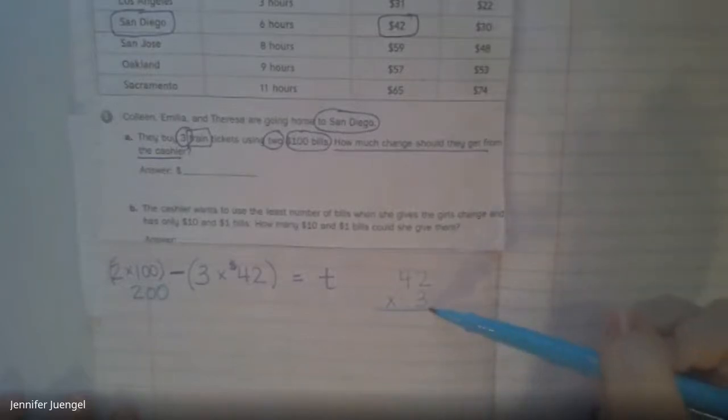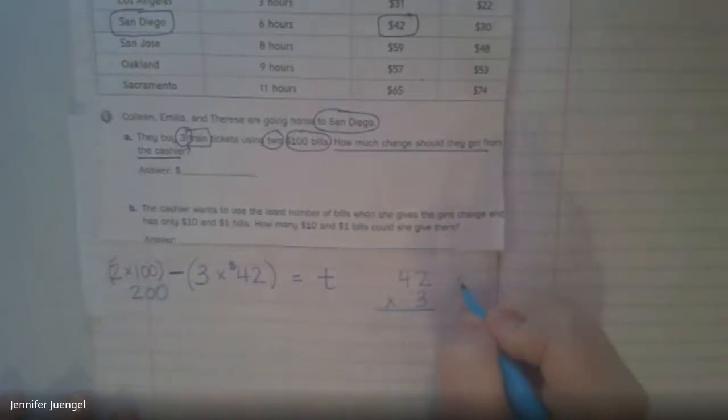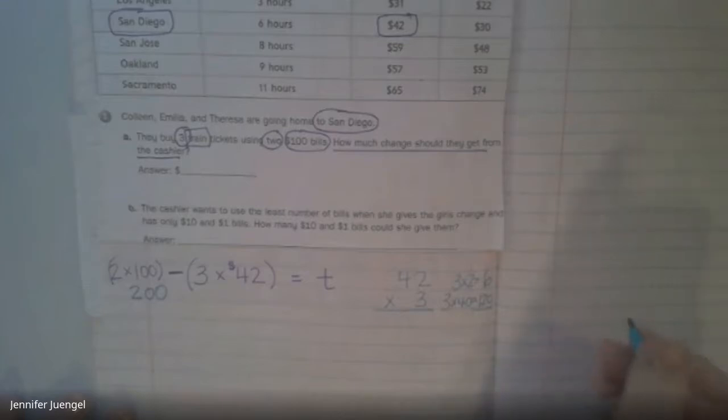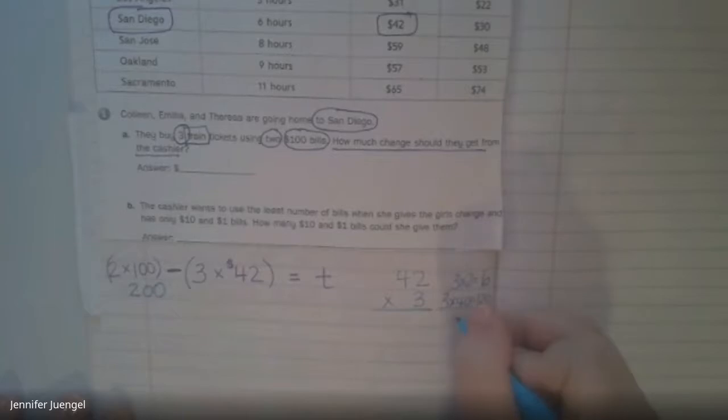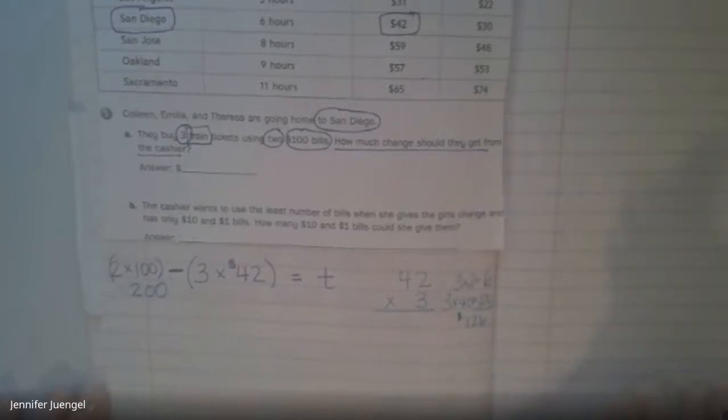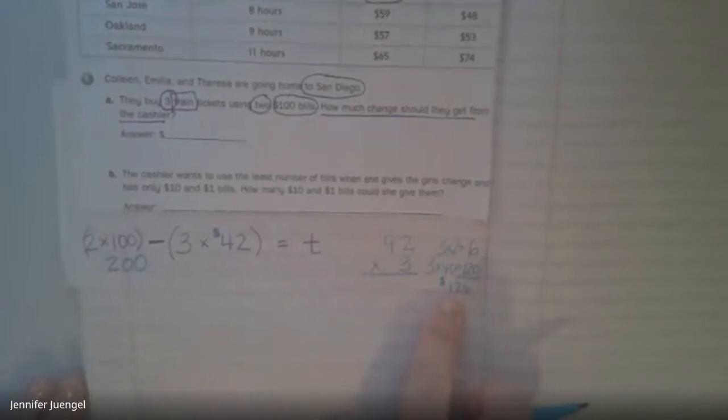So I'm going to do 3 times 2 equals 6, and 3 times 40 equals 120, which means the answer altogether is 126. So they paid $126 for all 3 of the tickets.